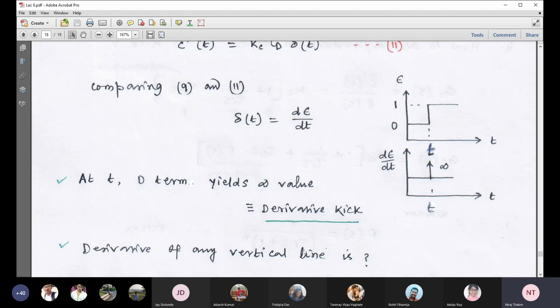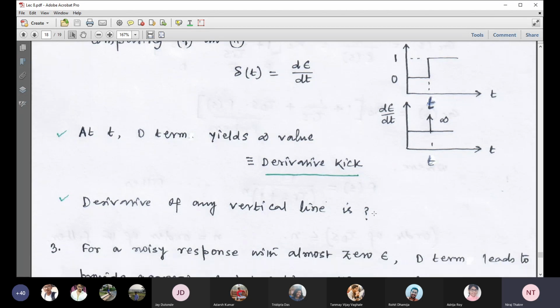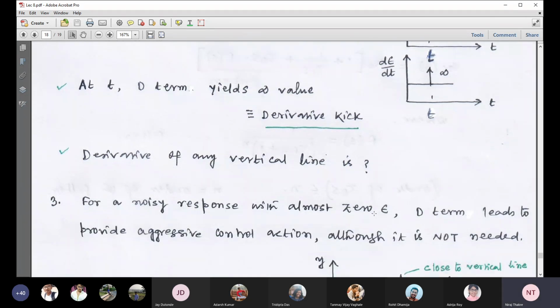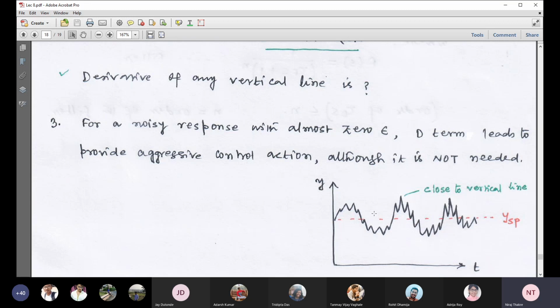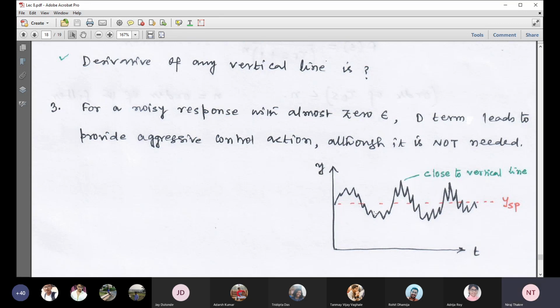We'll come a little later to how to tackle this situation. This is a potential drawback of the derivative action. Just before that, we want to discuss another observation, the third one. First you note down the third point, then we'll elaborate this issue.